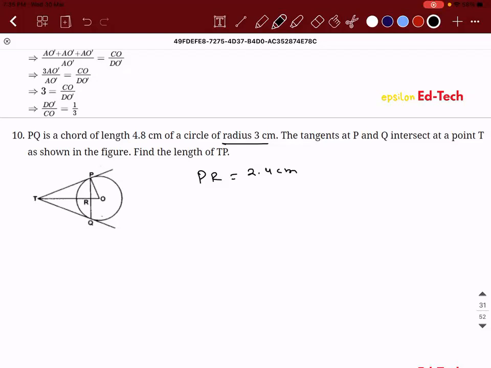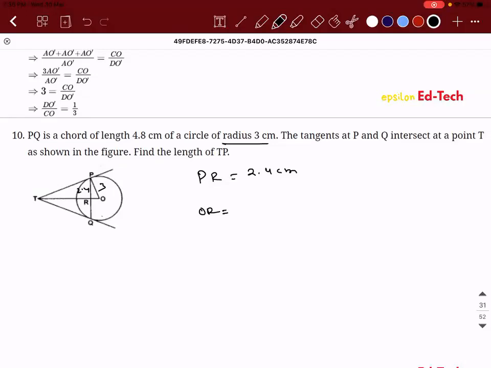How many of you solved this? So tangents at P and Q intersect at point T. So PO is how much, guys? 3 here. This is 2.4. So how much is OR?